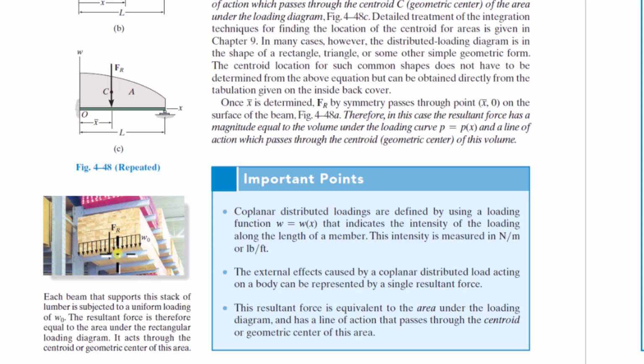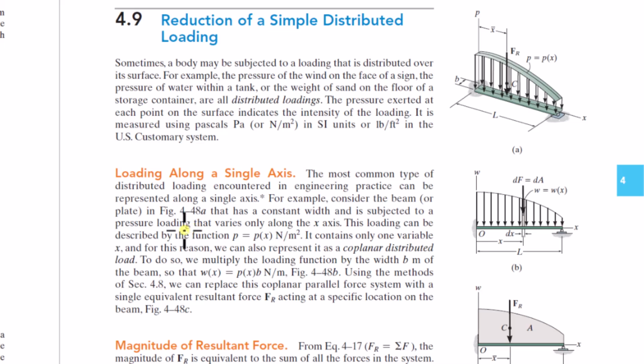Looking at this, that would be the case here as well, right? The pressure is not going to change in this direction. It's only going to potentially change in this direction. It doesn't because it's uniformly distributed, but let's say it wasn't uniformly distributed. It would still be constant in this direction. So that's what they're talking about when they say it varies only along the x-axis.